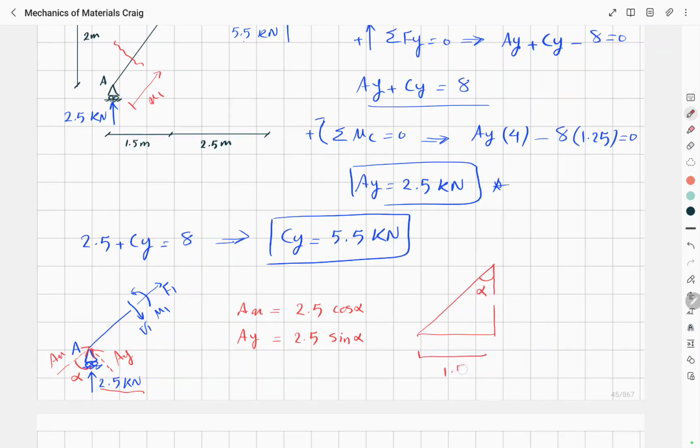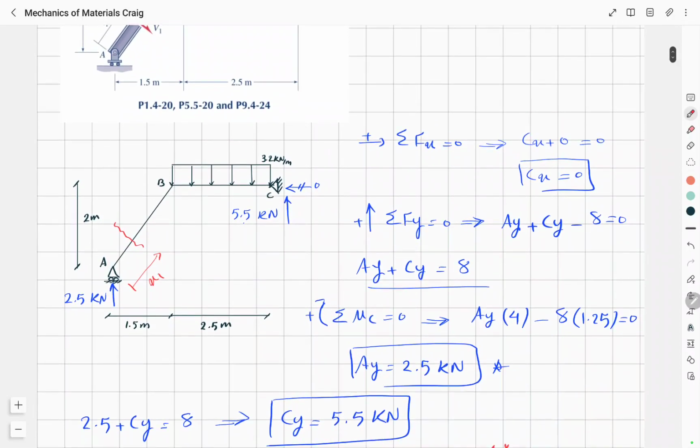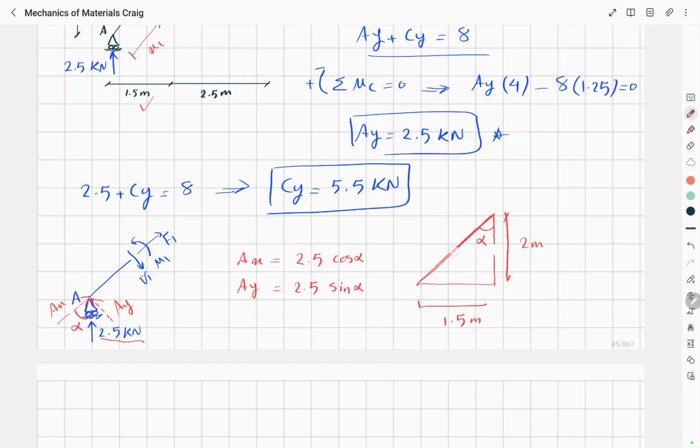This was 1.5 meter. This was 2 meter. This is 2 meter. This is 1.5. This length would be square root of 1.5 to the power of 2 plus 2 to the power of 2, which is 2.5 meters. Cosine of alpha is 2 over 2.5, which is 0.8.